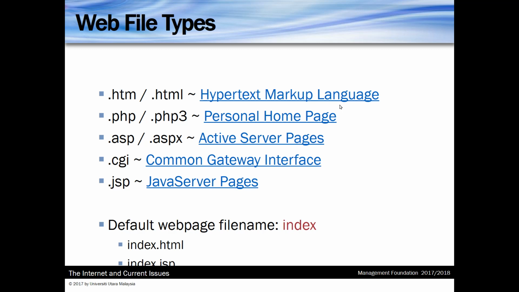For example, if someone visits http://www.example.com, the web server will need to choose a default page because the URL address doesn't include a file name.